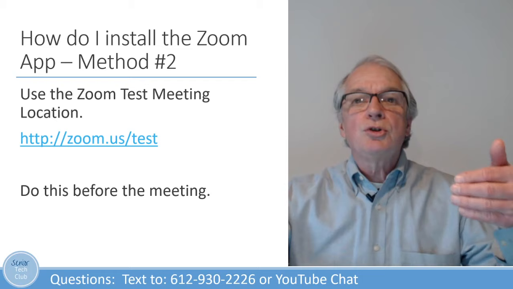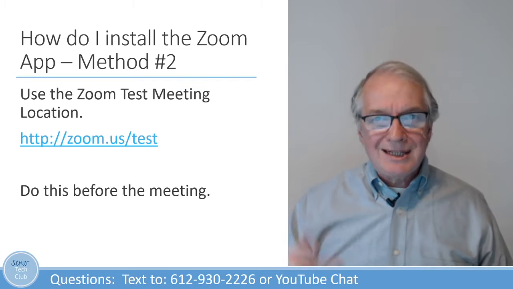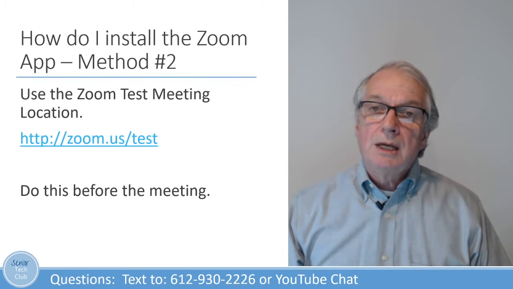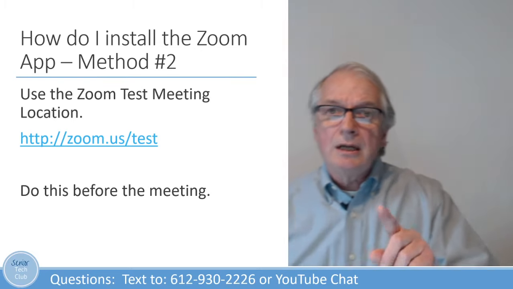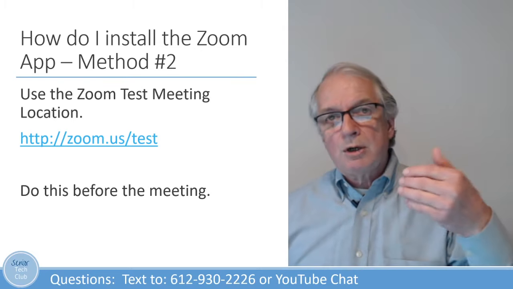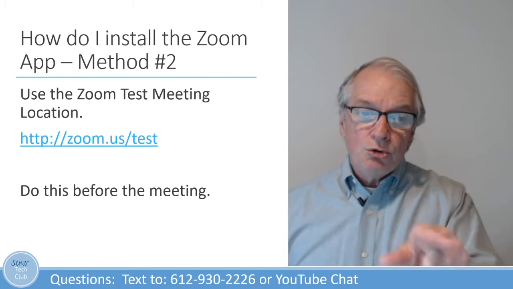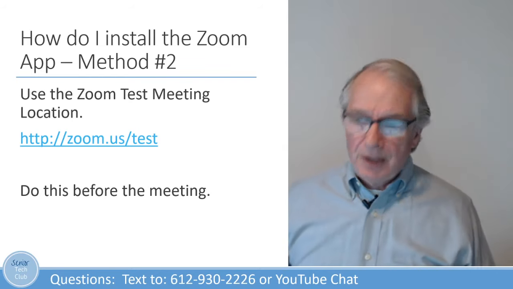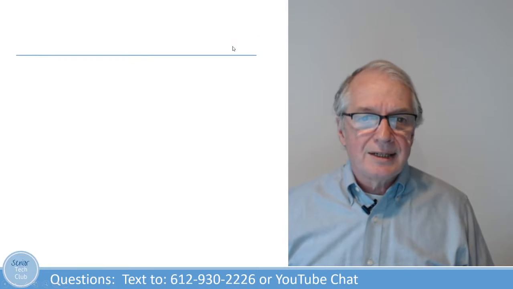It will take you to a page and it will actually start that download process, very similar to what we just talked about. Great strategy to do that before a meeting. Additionally, if you have any concerns about whether or not your microphone is going to work or your camera is going to work, you can also use this test meeting, and that will give you a sense of the workability of your device.